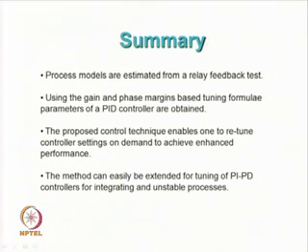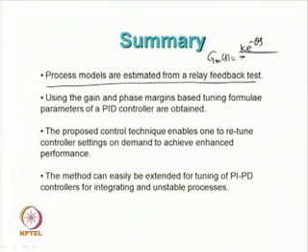What we have discussed in this lecture? Process models are estimated from a relay feedback test. Initially you identify the dynamics of a real time system by some transfer function model given in some form such as Gm(s) is equal to k e to the power minus theta s upon T 1 s plus minus 1 times T 2 s plus 1.